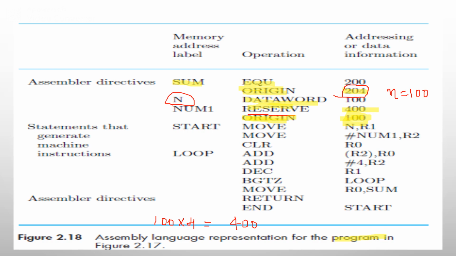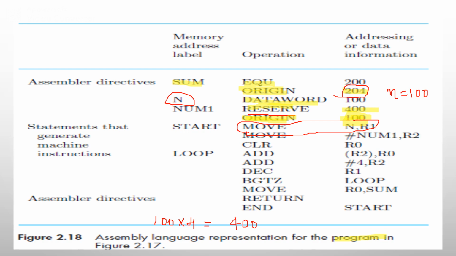Thus, when the source program is entered, what is the first instruction here? That is move n comma r1. It will be placed at the address 100, and the next instructions in the subsequent locations until a terminate instruction is encountered.